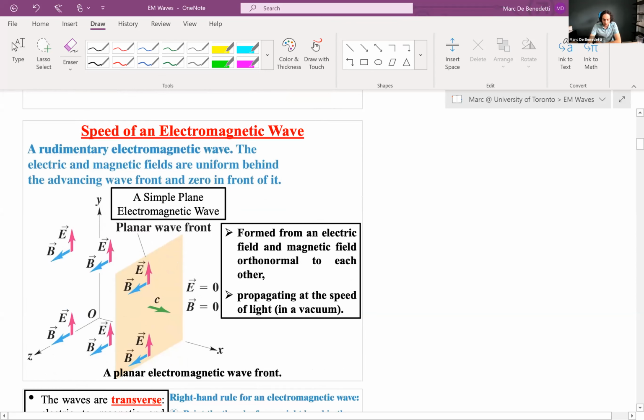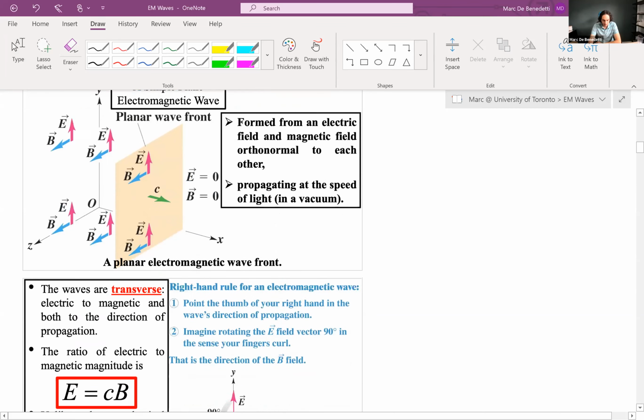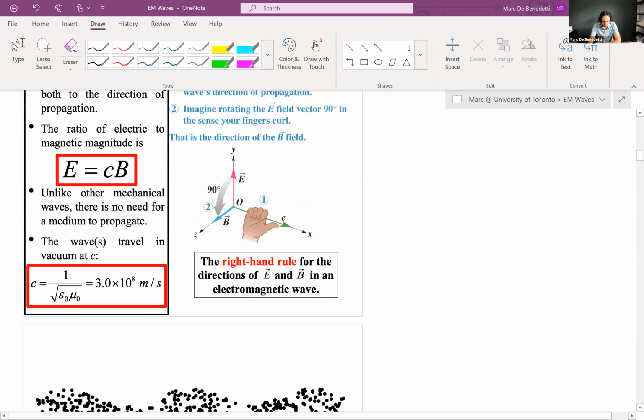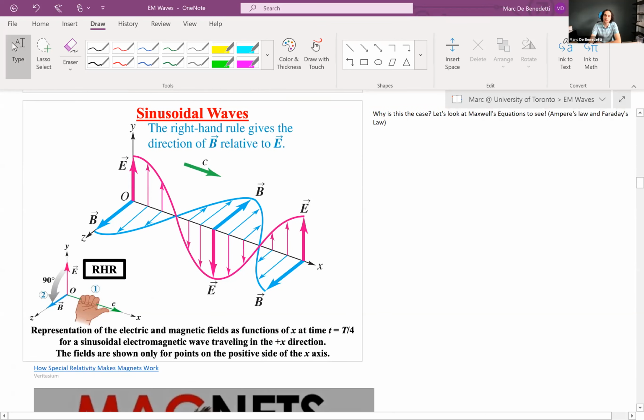Okay, so first things first, what is light? Well, light is simply an oscillating electric and magnetic field. That's it, that's what it is. We've been talking about light as a wave. What is physically oscillating? What is the wave?